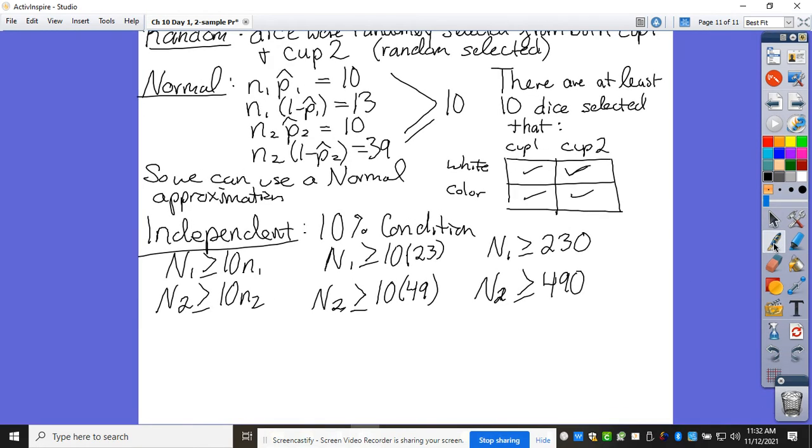So I could select at least that many. So I can shorthand this a little bit and say, there are at least 230 times I could have done what?